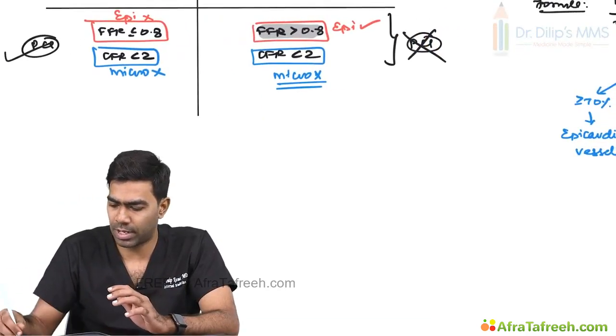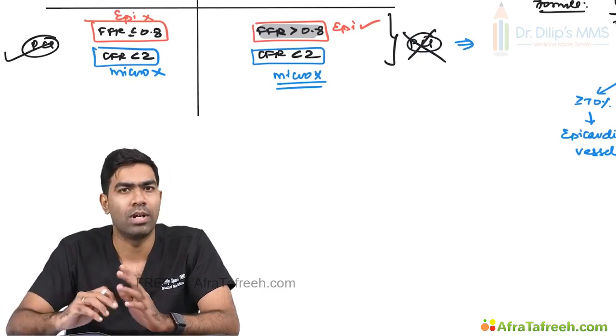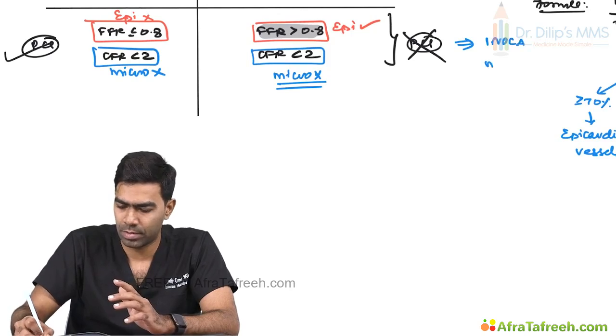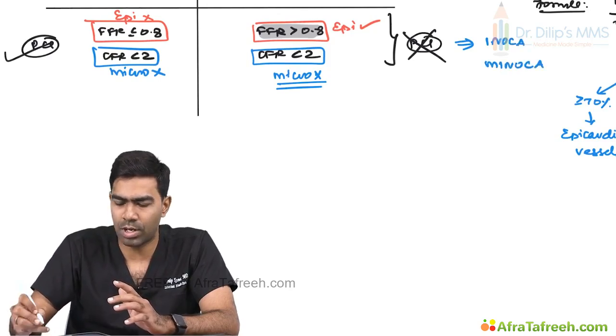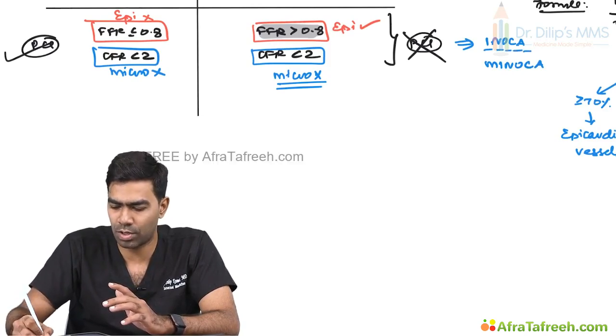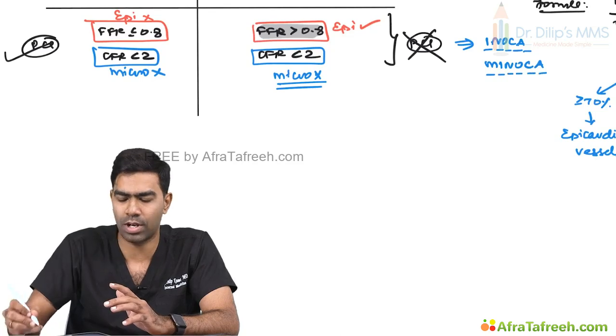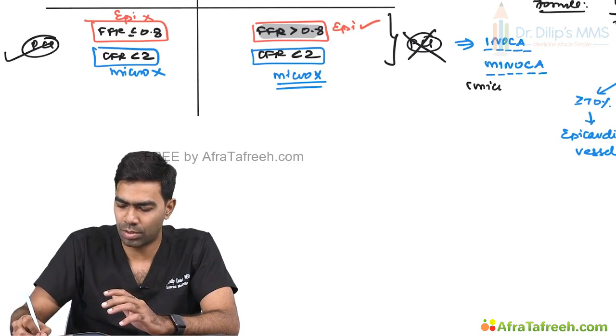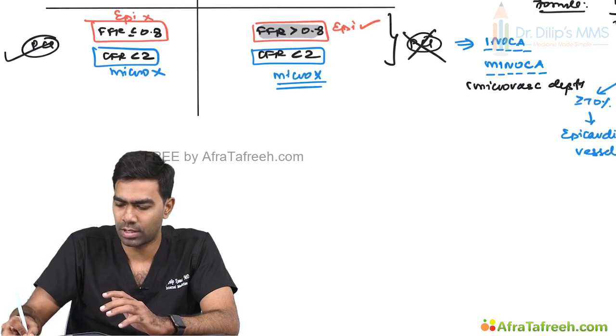But this particular setting will be helpful in identifying certain disorders like INOCA and MINOCA. So what do you mean by INOCA and MINOCA? INOCA stands for ischemia with no obstructive coronary artery disease, and MINOCA stands for myocardial infarction with no obstructive coronary artery disease. And of course, we know both these disorders are due to microvascular or microcirculatory dysfunction only.